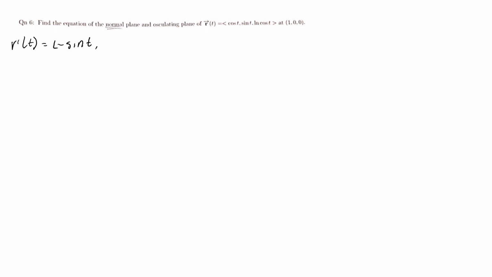The derivative of sine is cosine. And we have a chain rule here, and it ends up being 1 over cosine t times negative sine t, which we can simplify into negative sine t, cosine t, negative tangent t.